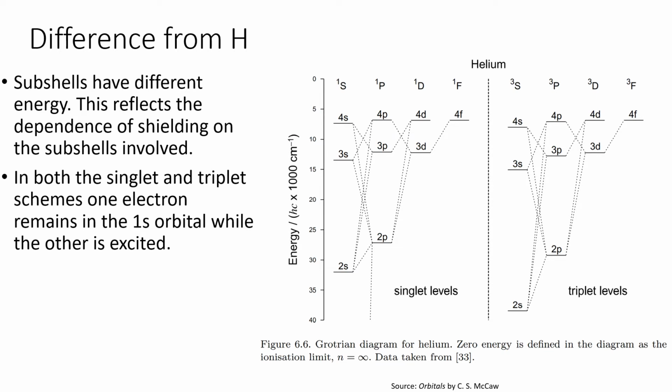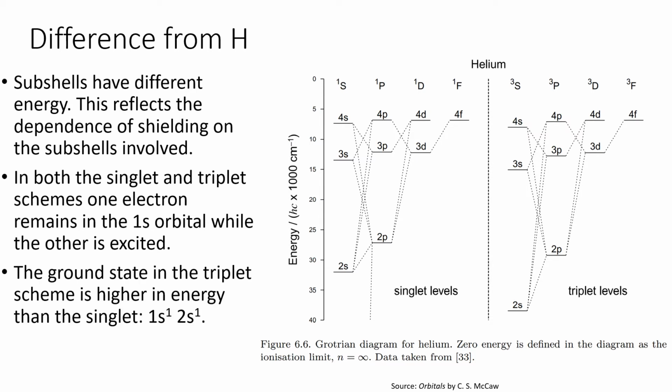And then, as we said before, we've got one of the electrons in the 1s orbital, while the second electron is excited up to one of the levels in the picture. And one thing that's curious here is that when you consider the triplet levels, because there's no dotted line going down, that implies that the 1s electron not shown and the 2s excited electron there in that bottom state will be the ground state of the triplet spectrum, as it were.